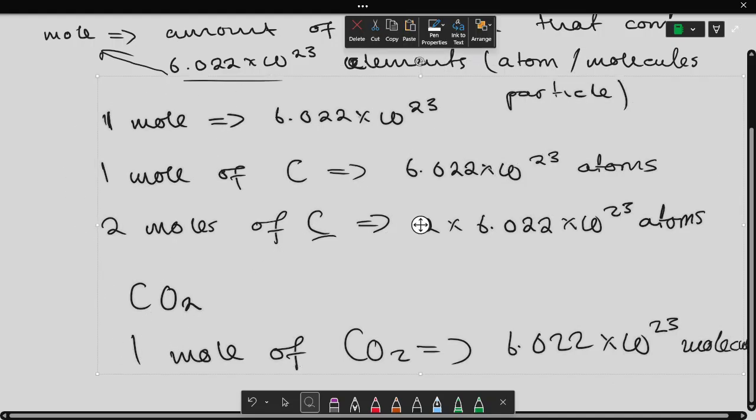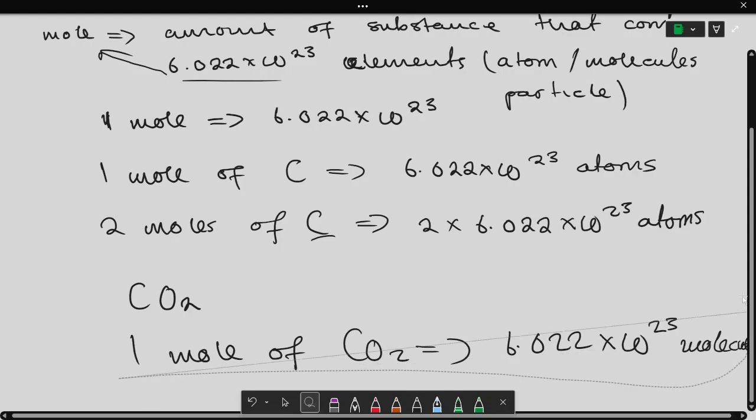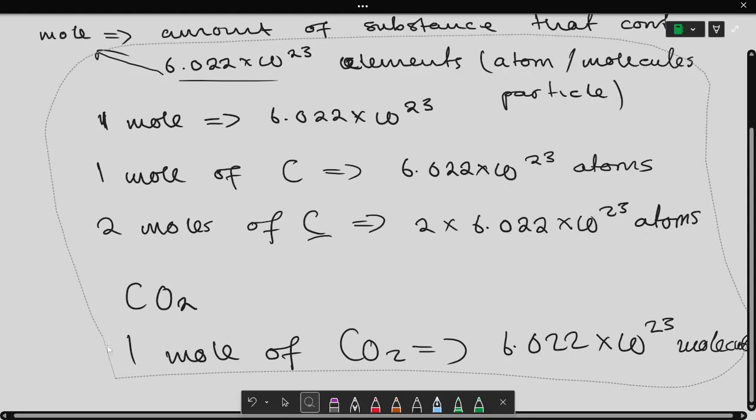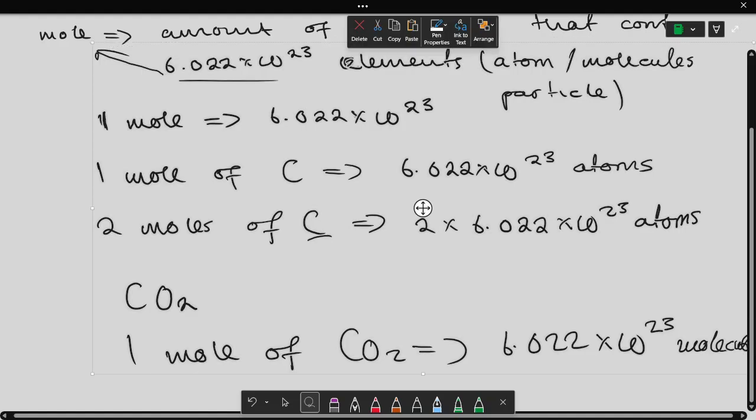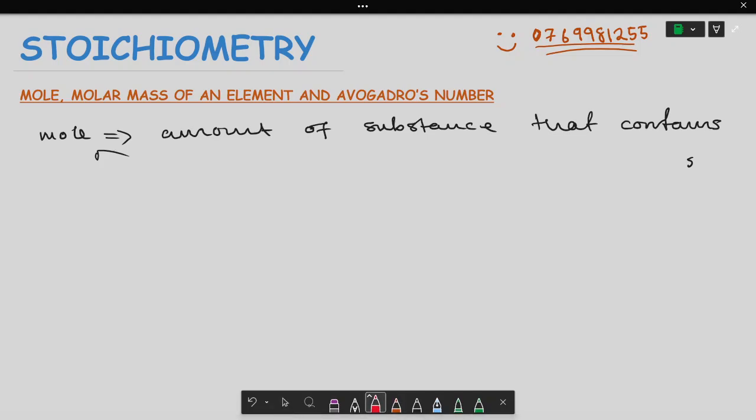Another thing that you need to know about moles is how they relate to grams. Let's consider the element nitrogen.